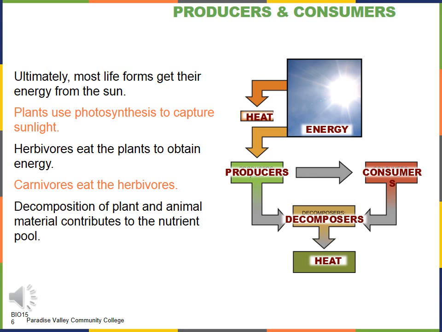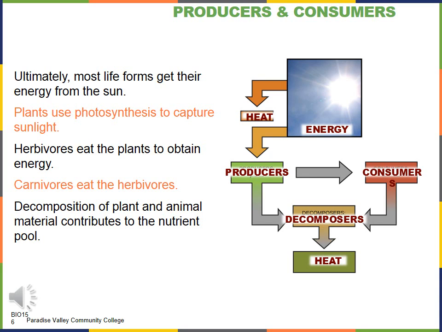Okay, so we've got this new classification system. Oftentimes you'll just hear it called producers and consumers. Sometimes you'll hear it called autotrophs and heterotrophs. And sometimes you'll even hear it called producers, consumers, and decomposers. And we'll talk about all three of those in just a second.